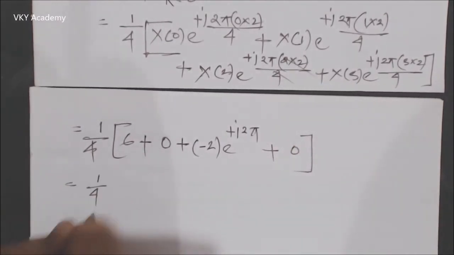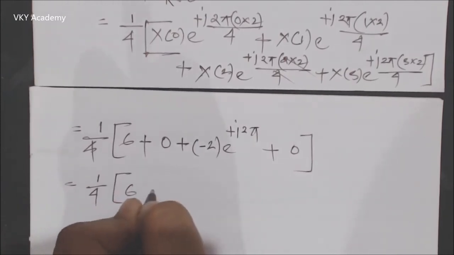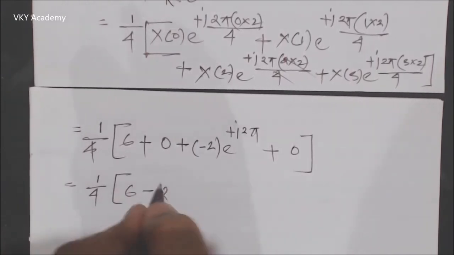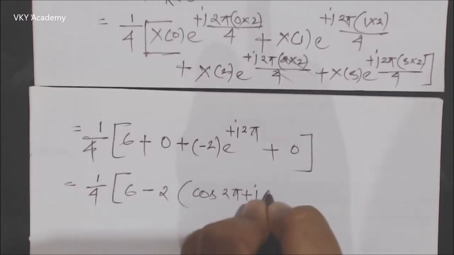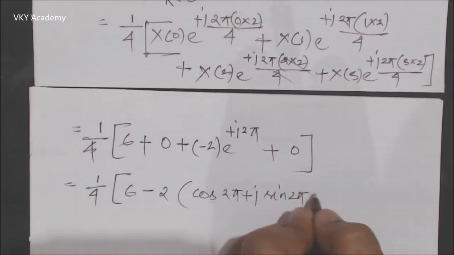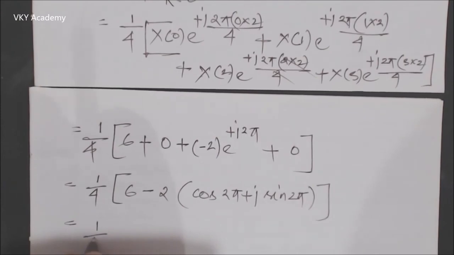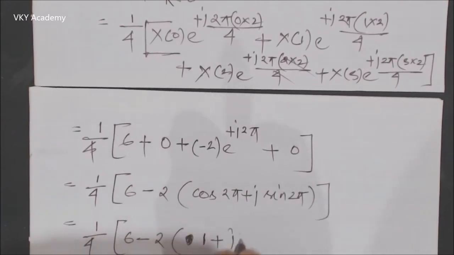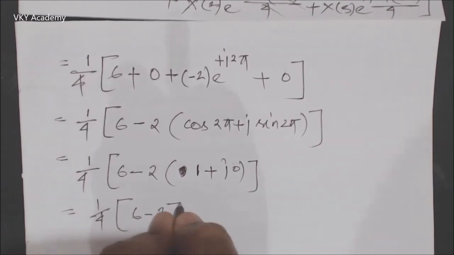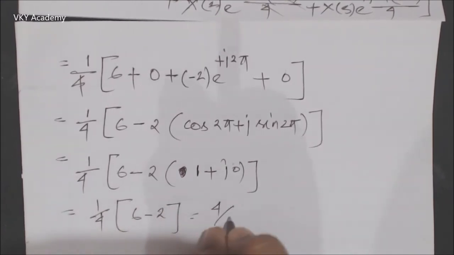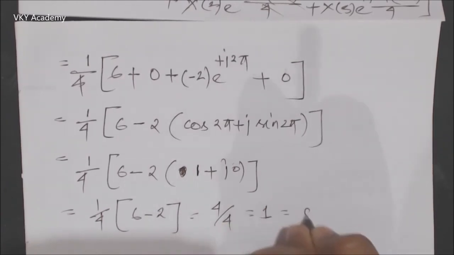So it is 1/4 whole into 6 minus 2 into cos of 2 pi plus j sin 2 pi, which is 1/4 whole into 6 minus 2 into cos 2 pi is 1 plus j 0, which is equal to 1/4 whole into 6 minus 2. 6 minus 2 is 4, 4/4 is 1, which is my third sample.